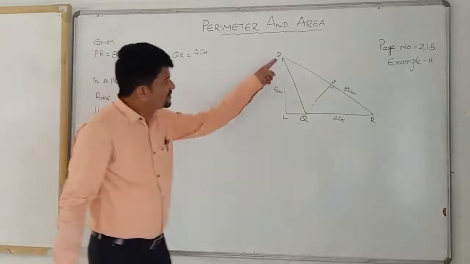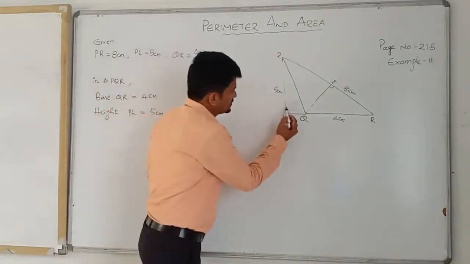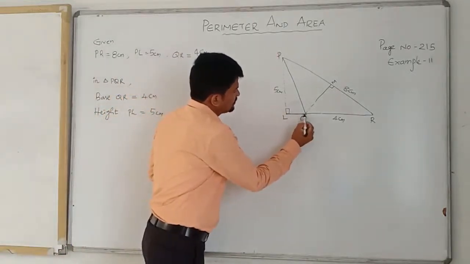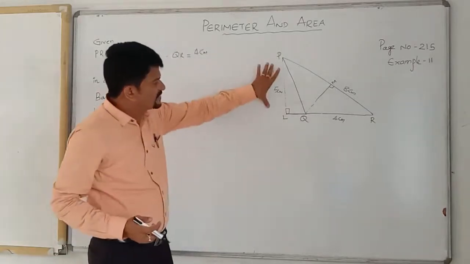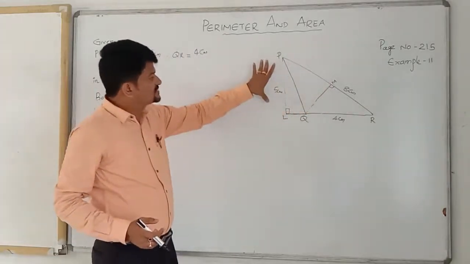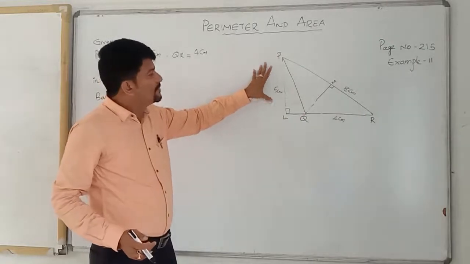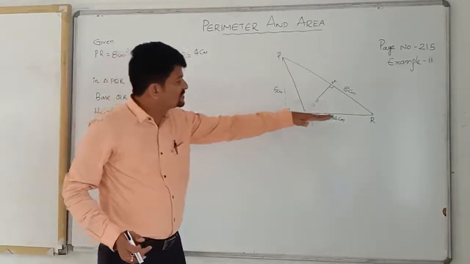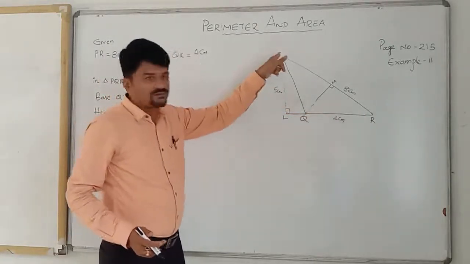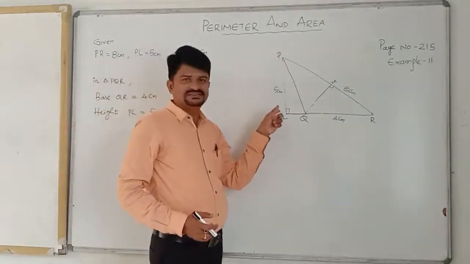Clear children? Why? Because this is the perpendicular distance now. So this is the height of this triangle. Imagine that this is not a part of the triangle, but it is a perpendicular distance from the base to the top vertex. So this can be considered as a height.